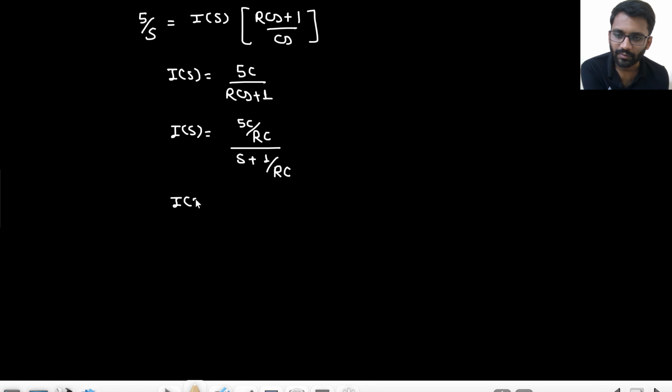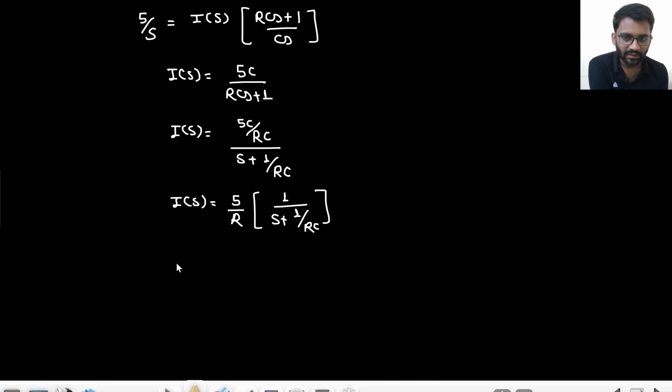So your I(s) would be 5 by R into 1 upon S plus 1 by RC. So tell me, what will be your i(t)? i(t) would be 5 by R e to the power minus t by RC into u(t).